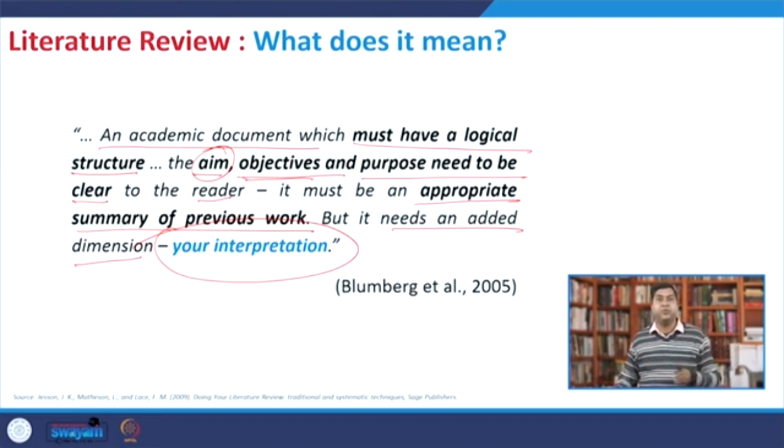There should be a good flow, because this is a kind of storytelling of what has been done in that field in a logical manner. But it is not merely reporting, you also need to interpret and add your value: for a particular phenomenon, a group of researchers are saying for it and somebody is against it.